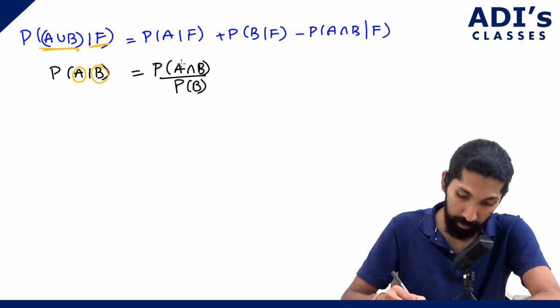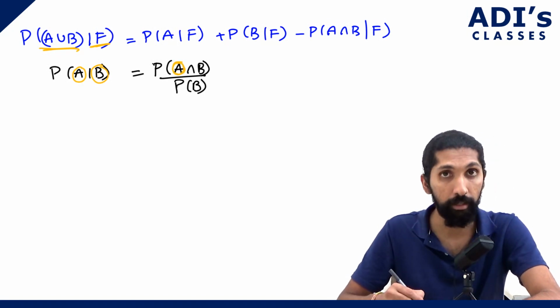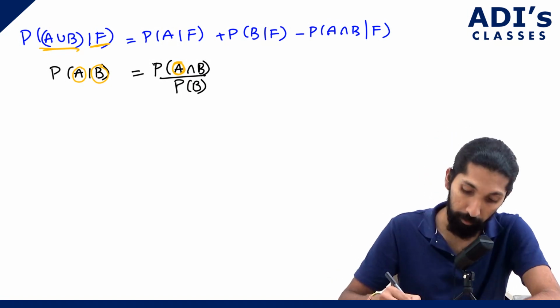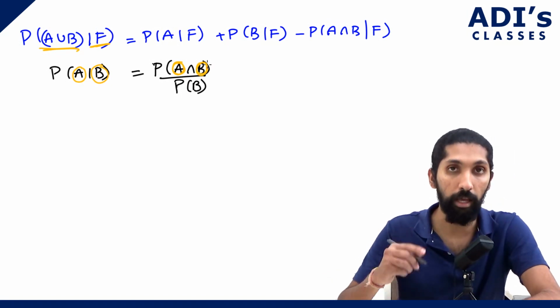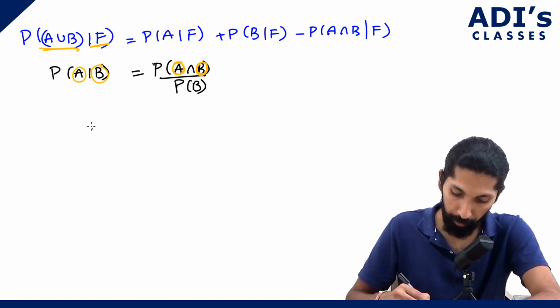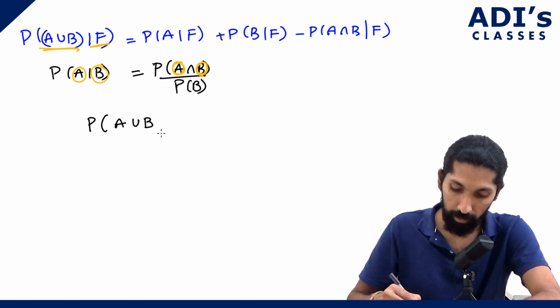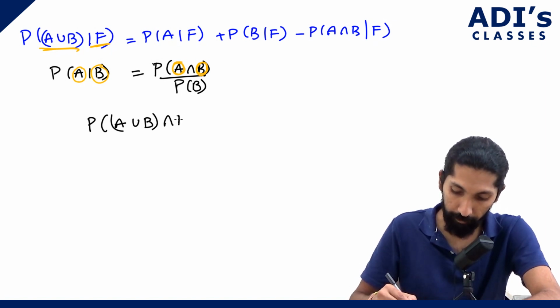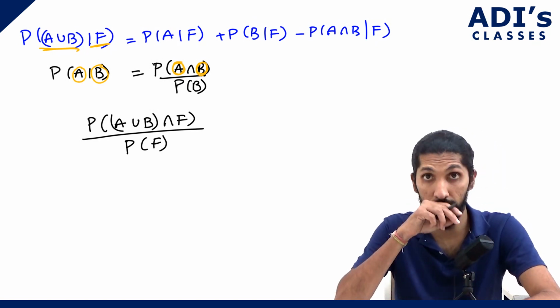So what we get is P of A union B intersection F divided by P of F.